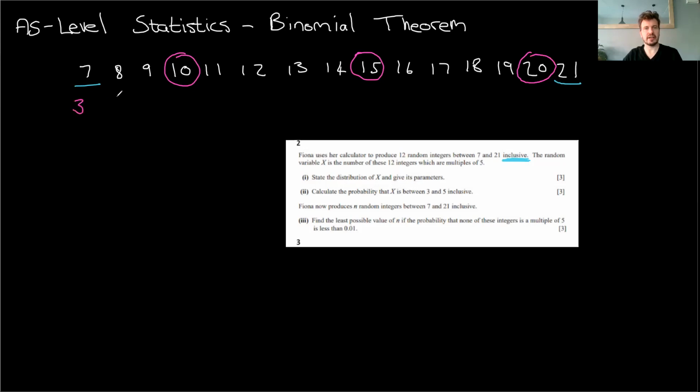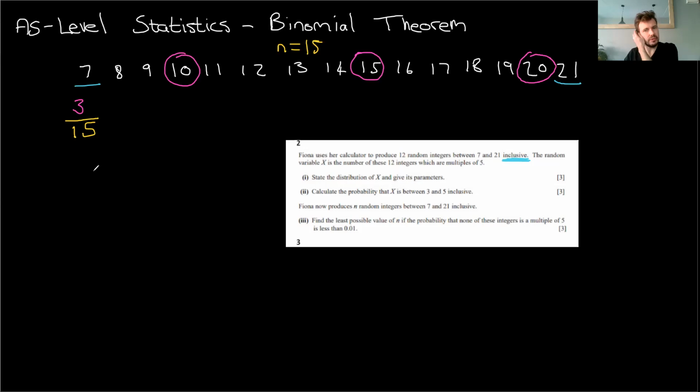Now let's look at how many numbers we had: 1, 2, 3, up to 15. There were 15 numbers, so that count was 15. The variable is the number of those 15 that are multiples of 5, so it's 3 out of those 15.